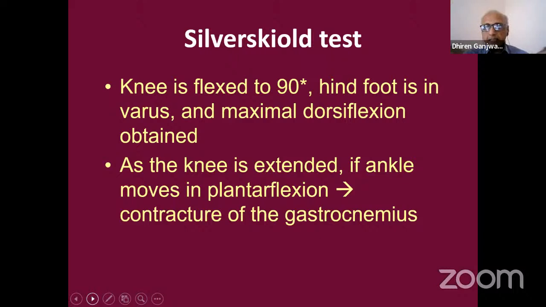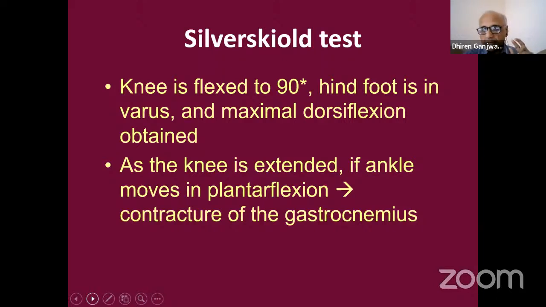Okay, so there is a slight difference in the hindfoot position. Freeman keeps it in a neutral position, while Benjamin says he keeps it in hindfoot varus or maximum inversion. But the important point, as Akash emphasized in his lecture, is that the gastrosoleus is not a two-joint muscle, it's a three-joint muscle, crossing the knee, ankle, and subtalar joints.